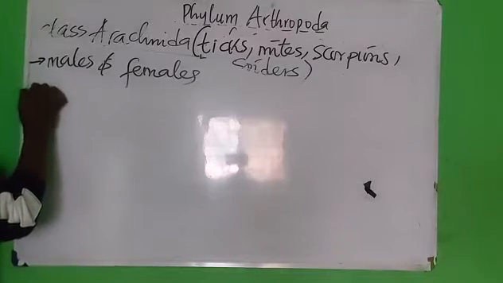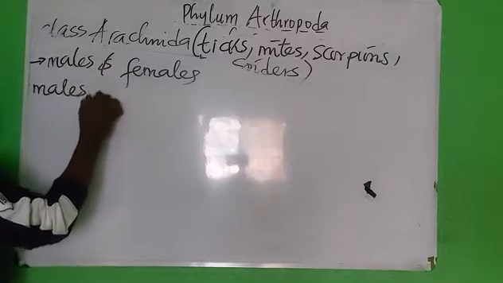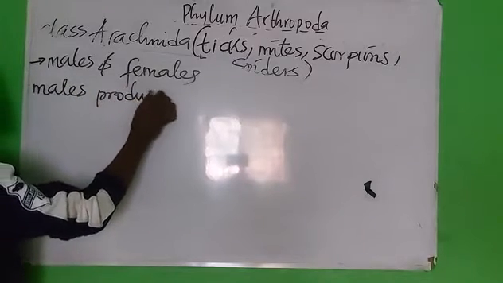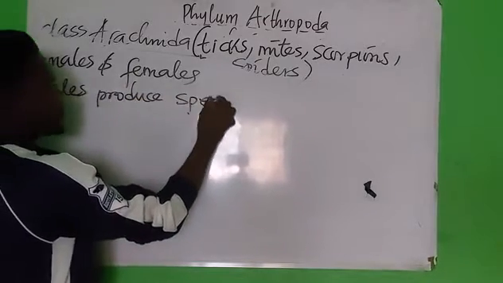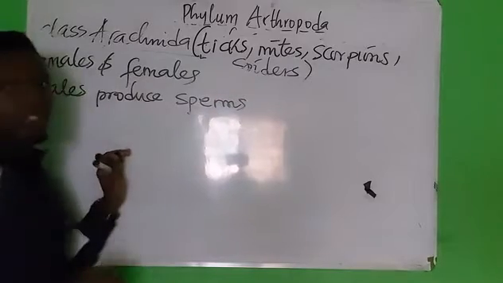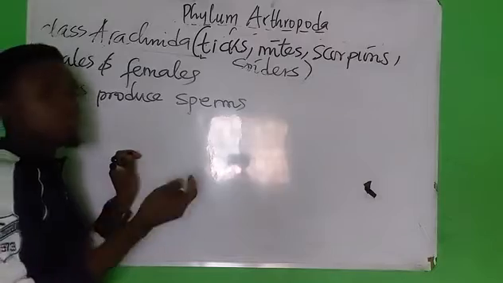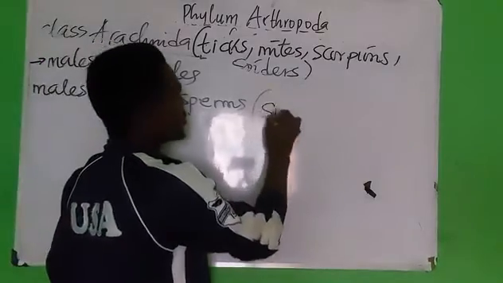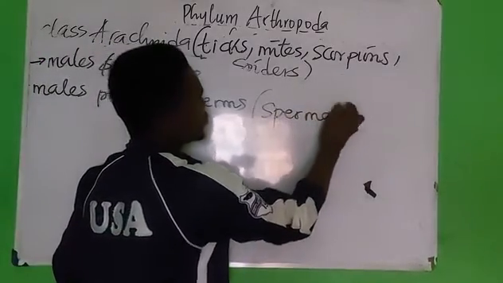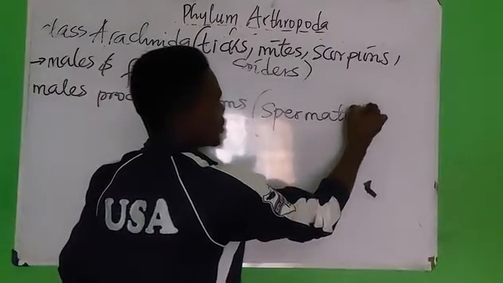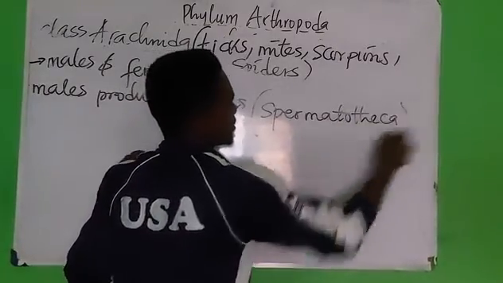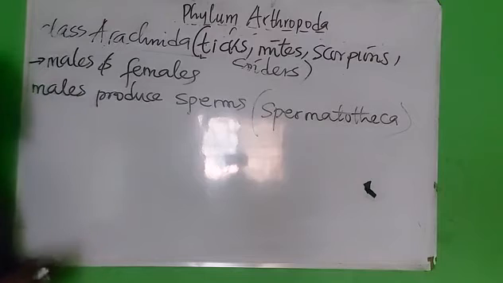Now, males, they produce sperms. Sperms produced by male spiders are called spermatotheca.